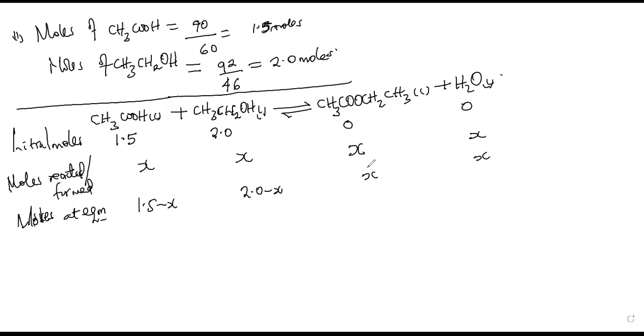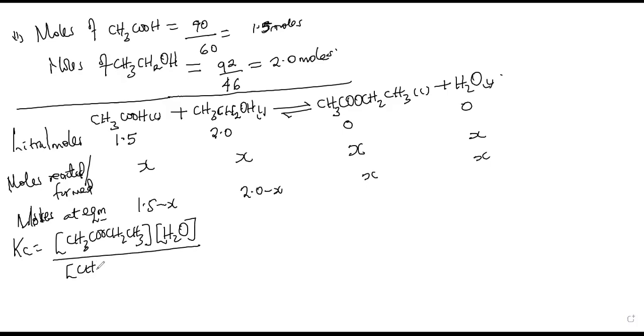So after that, we know that our Kc is the concentration of ethyl ethanoate times the concentration of water over the concentration of ethanoic acid times the concentration of ethanol.